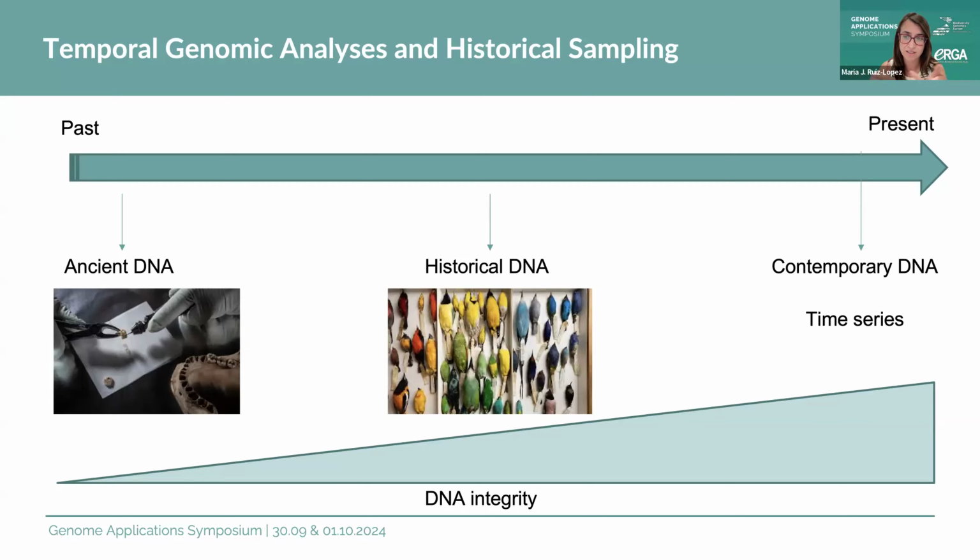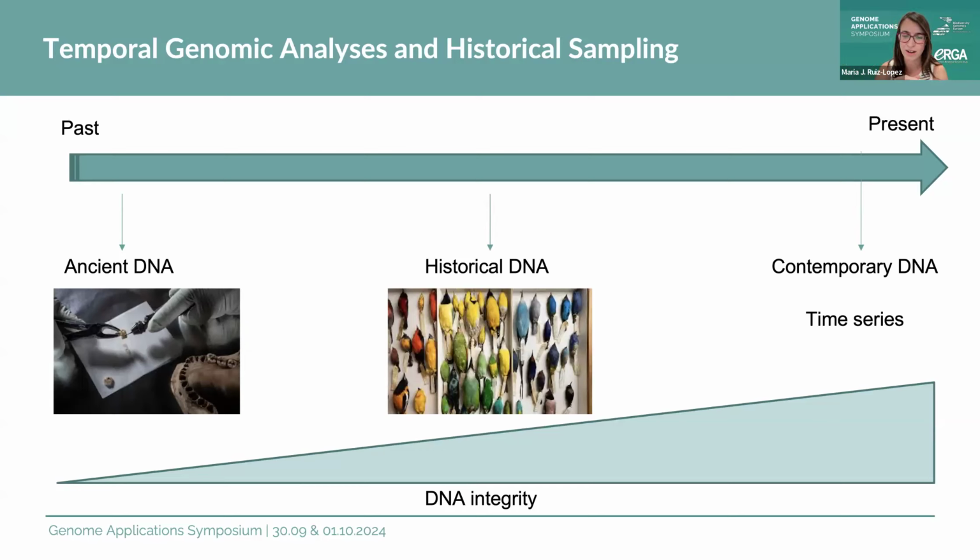These changes in time frame also come with a strong change in DNA integrity, which is one of the major challenges when comparing historical samples: ancient DNA is highly degraded. The integrity should be better, if you have preserved your samples well, as you come closer to the present.